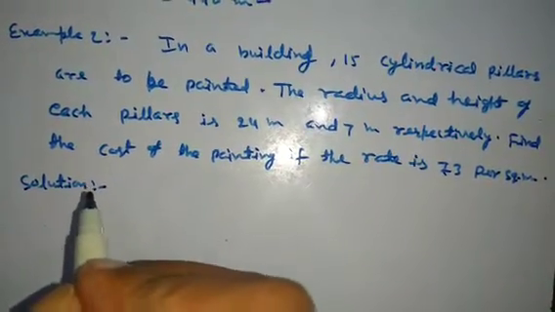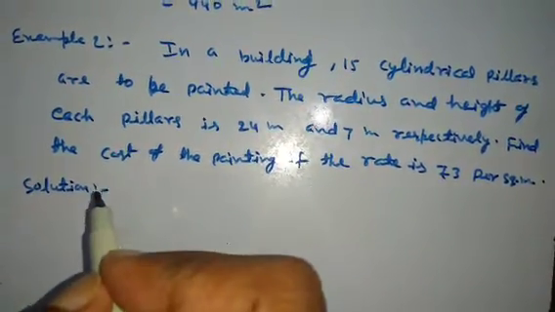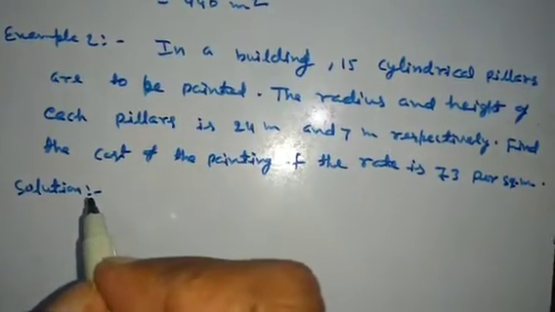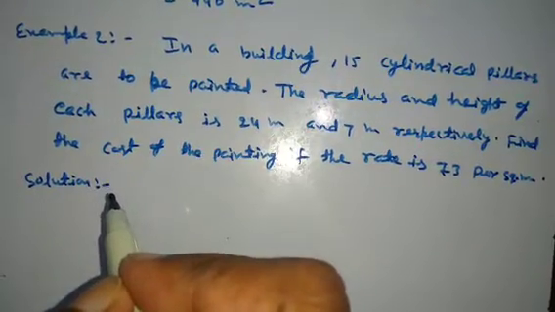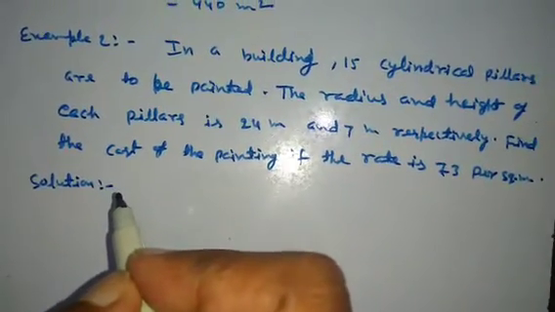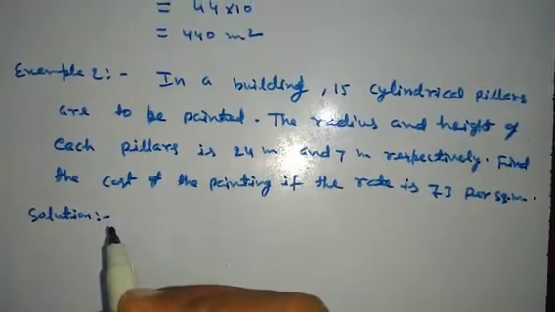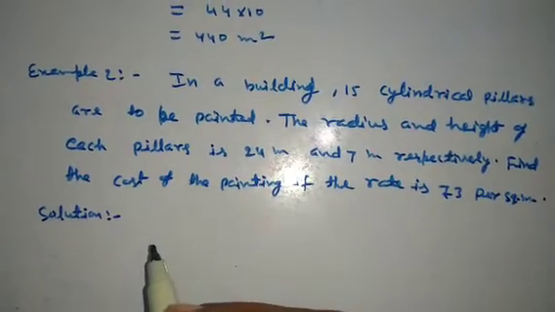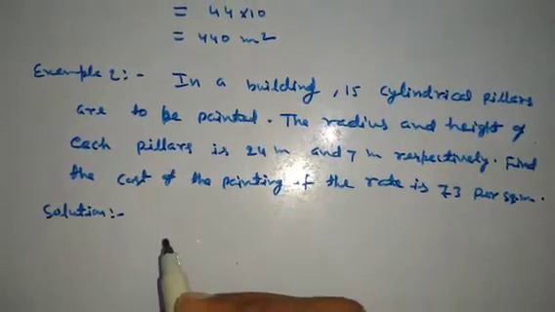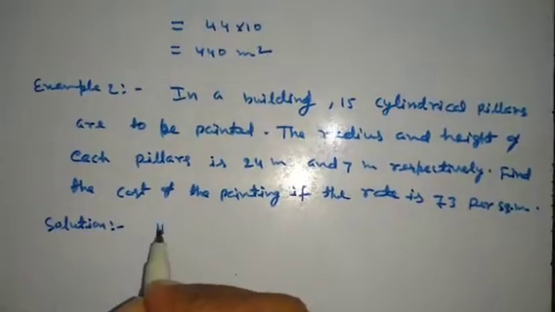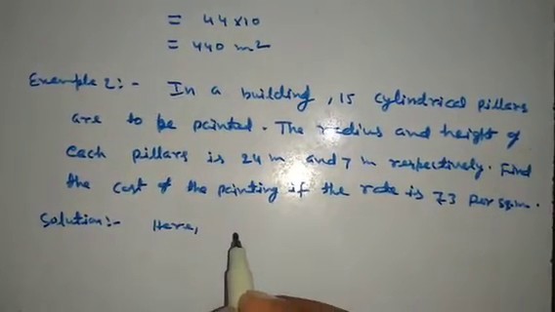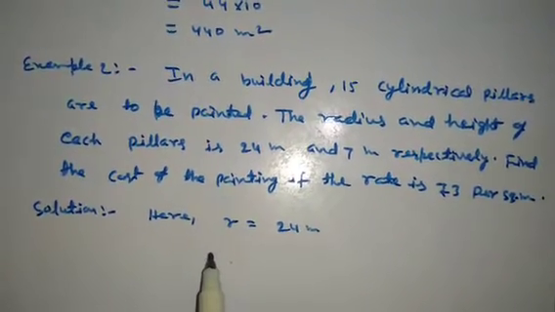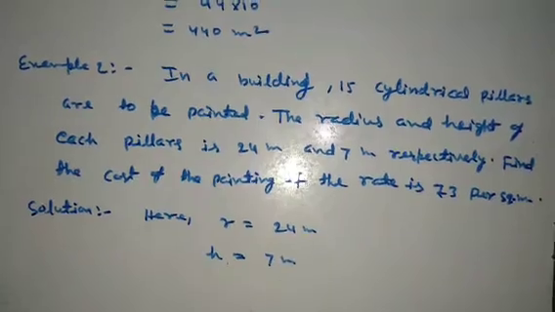Children, here we will find the curved surface area of the pillar, because the top and bottom faces of the pillar are hidden and both faces cannot be painted. So here we find the curved surface area of the pillar. Here R is equal to 24 meter and H is equal to 7 meter.